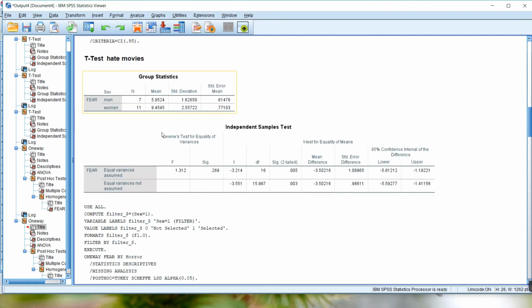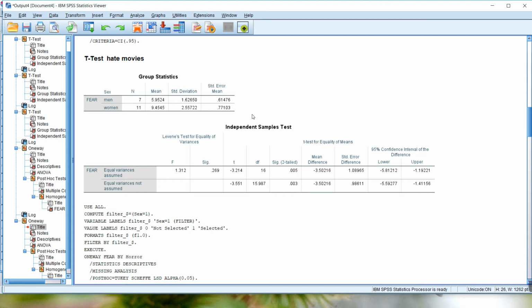Over here, for people who hate horror movies, we see a difference between men and women. So because the pattern, the difference between men and women, depends on whether you love, like, or hate horror movies, that's where the interaction effect is. It's not the other tests of simple main effects.